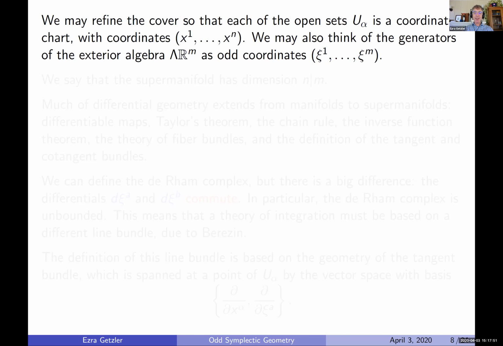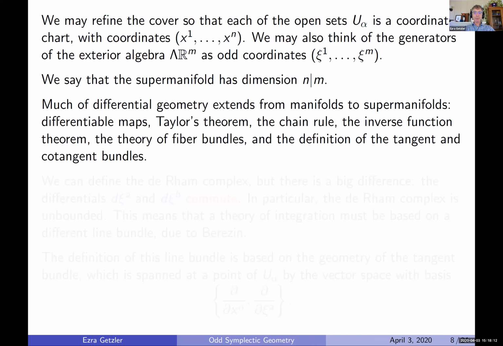The big difference in the subject is that any Taylor expansion in the odd coordinates will terminate. So you just have to go to order m in the odd coordinates. If you try to take any further partial derivatives, you'll just get 0 because of the anticommutativity between those coordinates. So we'll say that such a supermanifold has dimension n|m.